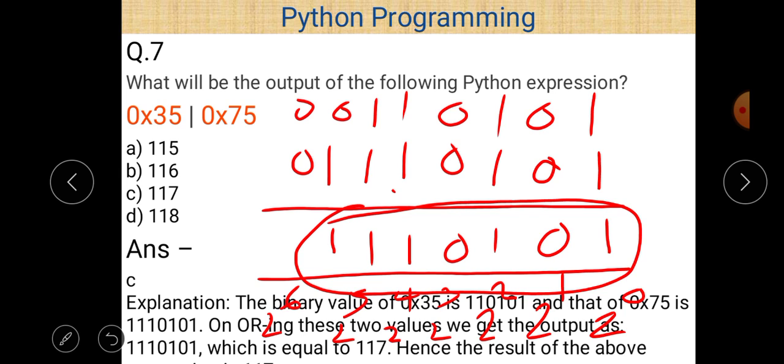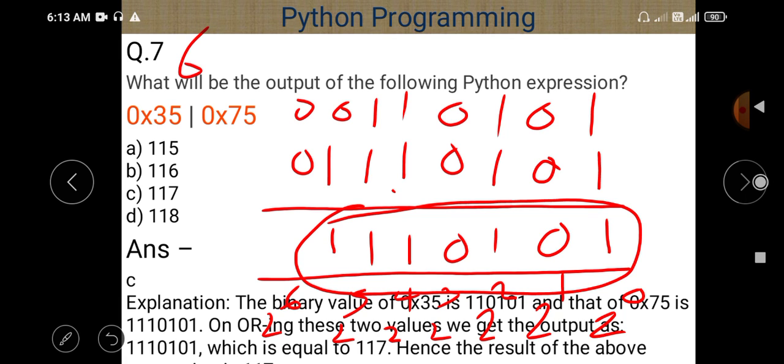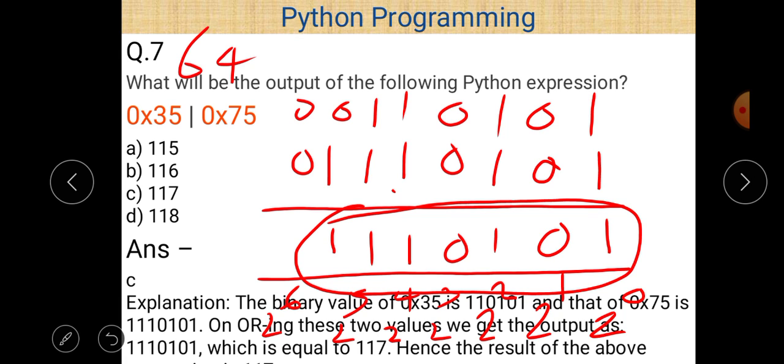So first of all, 2 power 6 is multiplied by 1. What do we get? 64. So just write 64. Then 2 power 5 multiplied by 1 means 32. Then 2 power 4 means 16.